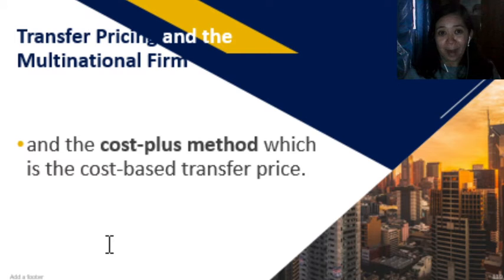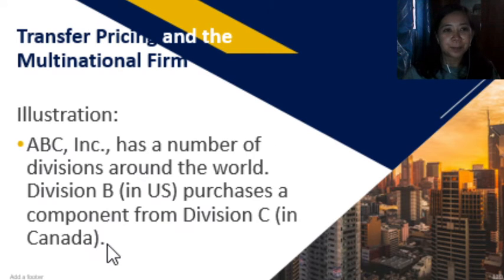based transfer price. Okay, so to understand better the MNC setting, we will use this illustration. ABC Incorporated has a number of divisions around the world. Division B is located in the US, and they purchase a component from Division C, which is located in Canada.